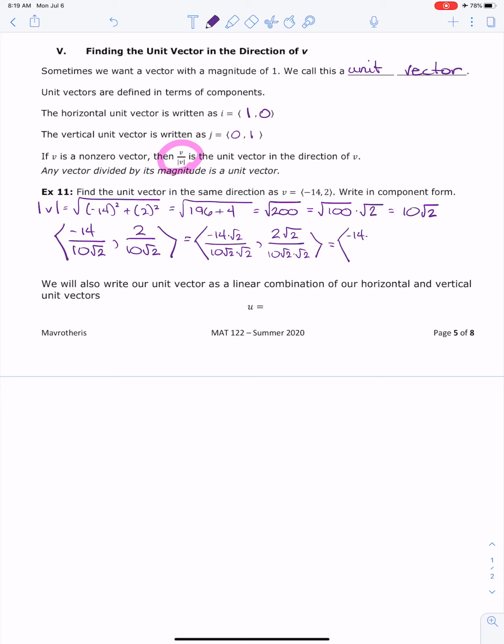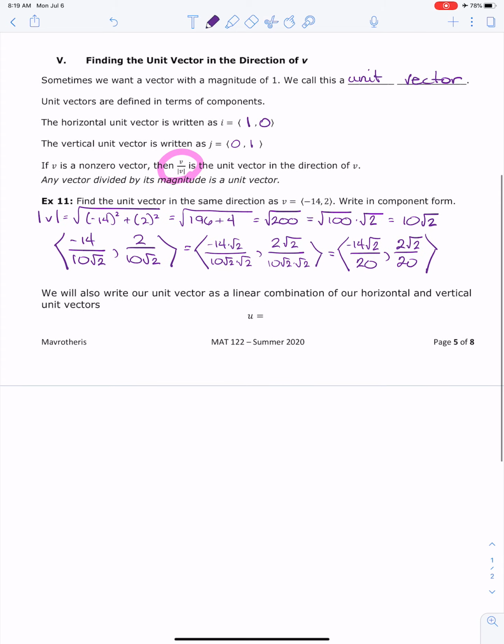Negative 14 square roots of 2 over 10 times the square root of 2 times the square root of 2, which is 10 times 2 over 20. I get 2 square roots of 2 over that same 20. I do want to simplify if at all possible. So I get negative 7 square roots of 2 over 10. And I get the square root of 2 over 10. And we shall cram that in on the right-hand side.